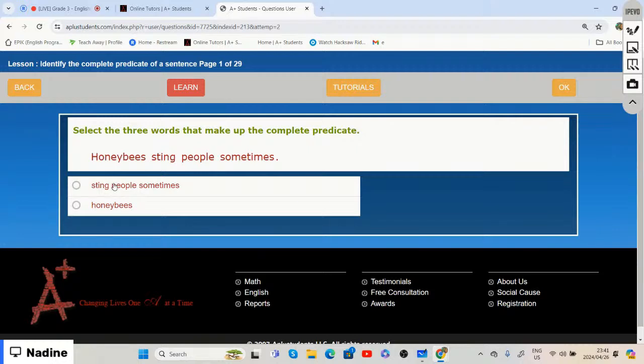Three words. So honeybees, they sting people sometimes. So the correct predicate is sting people sometimes, which is option one.